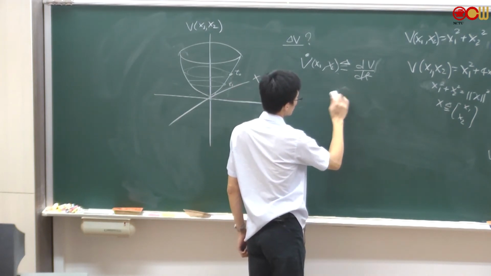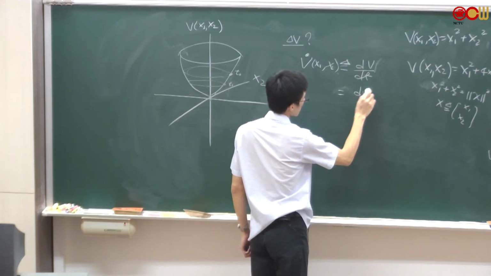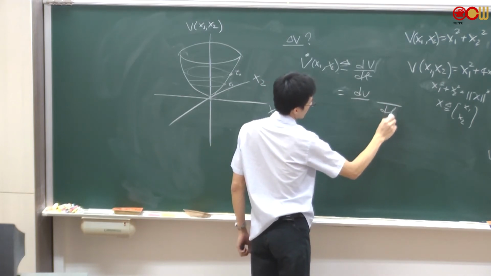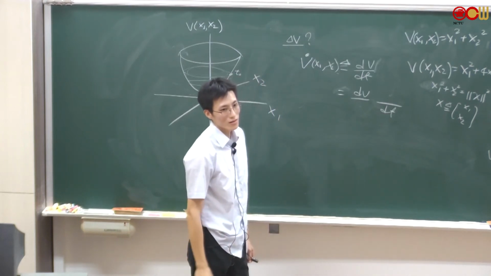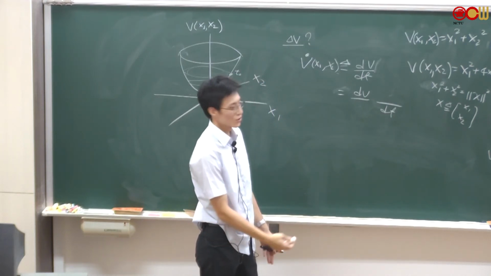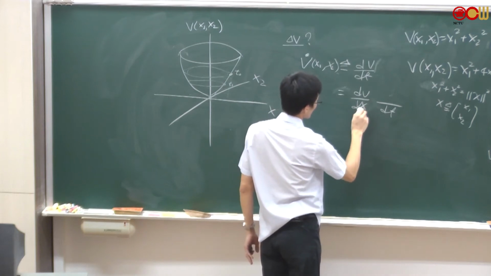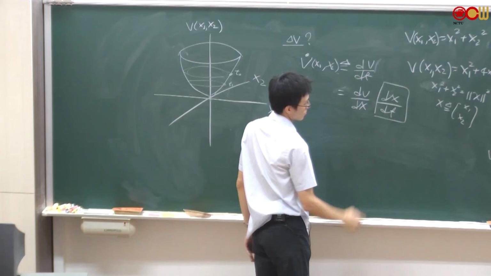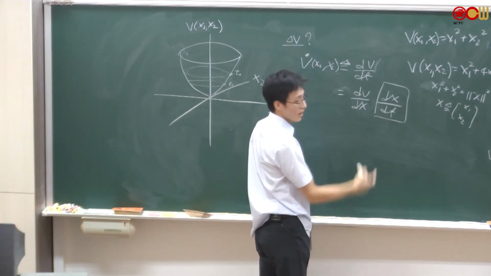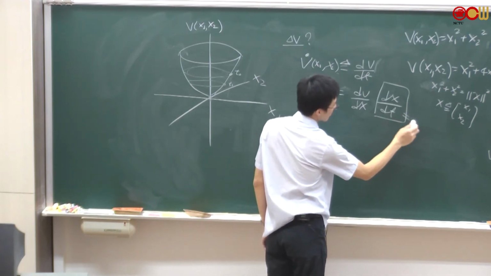Use the chain rule. What will you put in here? x dot, right? You have no choice, x dot. So what is this? The dynamics, right?